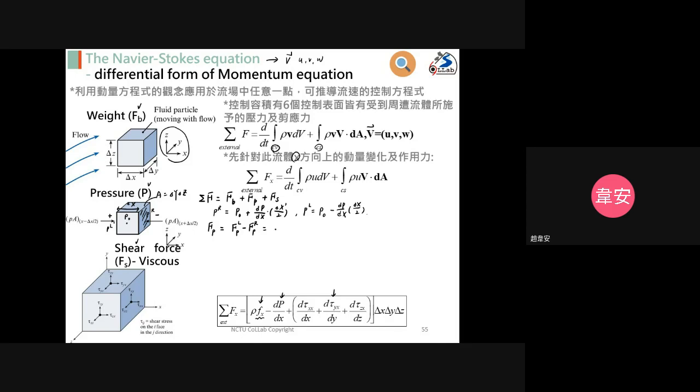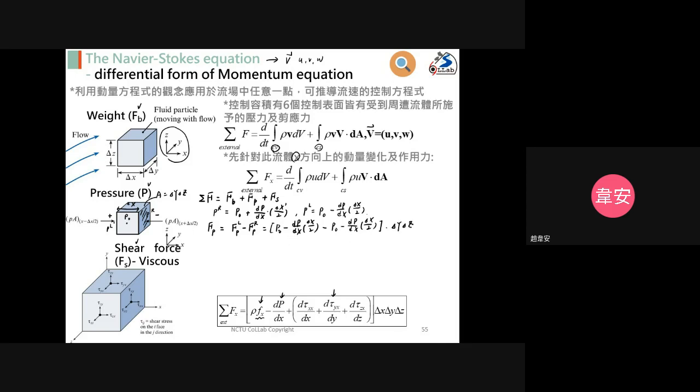So we know that there is P0 minus dP/dx delta x divided by 2. This is the pressure left minus the pressure right. Okay, dP/dx multiplied by delta x divided by 2 and multiplied by delta y and delta z.